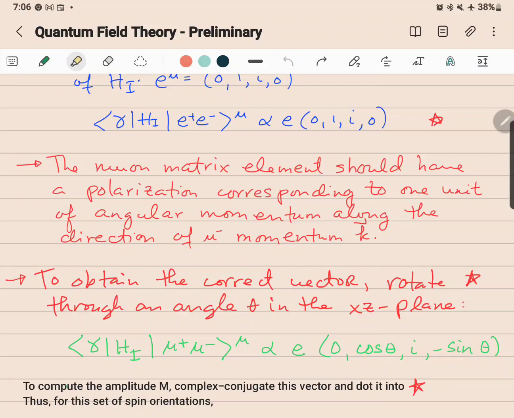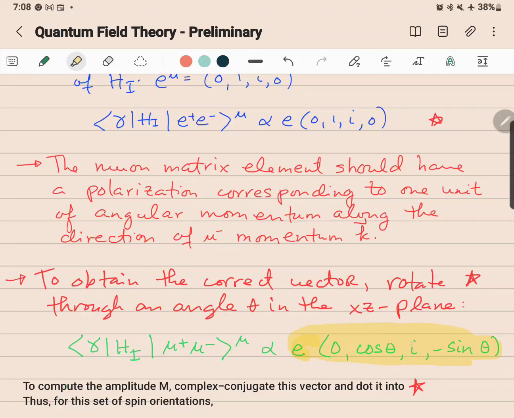By the way, the angle with the horizontal is with the z-axis, so you would have this form as your mu matrix element being proportional to this.